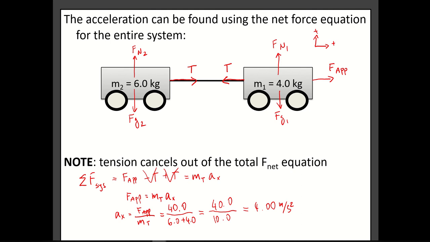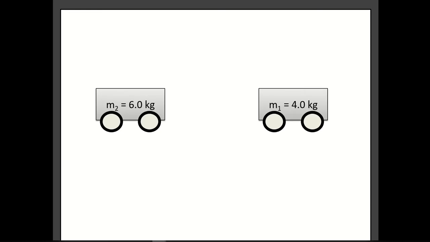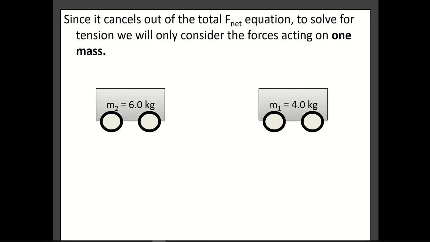Let's take a look at part B, which asks us to find the tension in the string connecting them. Now, since we said that the tension cancels out in the F net equation, we can just take one of the masses and do a separate free body diagram for each mass and find all the forces acting on one mass.